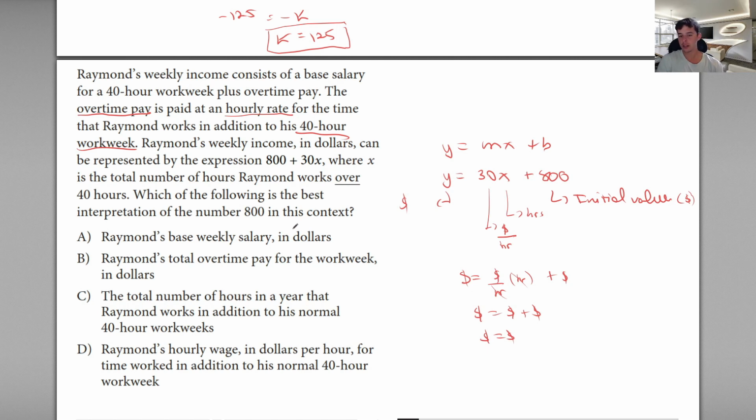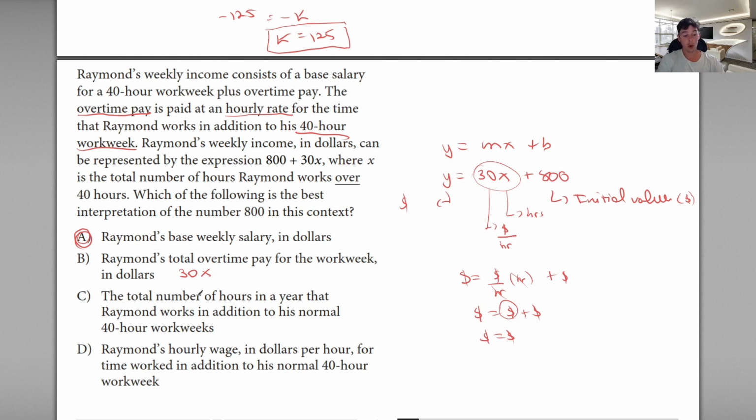So we know that 800 is the initial value. So Raymond's base weekly salary in dollars makes sense. Raymond's total overtime pay for the work weeks, now that will be 30x, because we know that 30x equals dollars. So total overtime pay equals dollars.